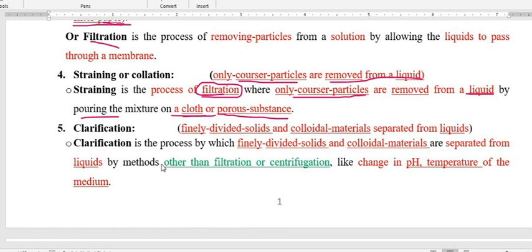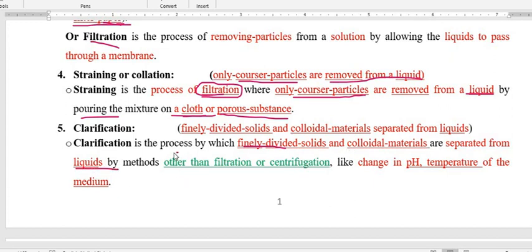Next is clarification. Clarification is also a way of separating solid or colloidal material, and the solid should be very finely divided, and that has to be separated out from the liquid.